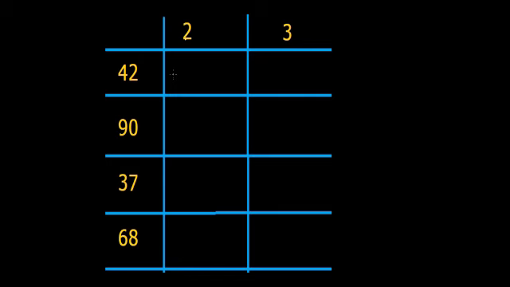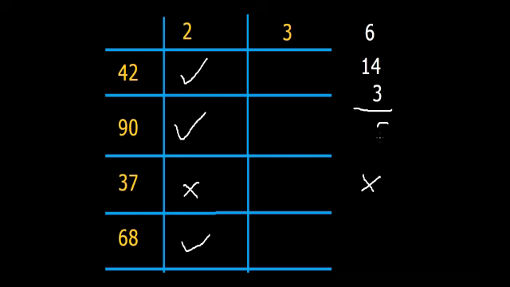Starting with 2, first off is 42, and it is divisible by 2. Same with 90. But with 37, it falls short, so 37 itself is not divisible by 6. And 68 is even, so divisible by 2. Next is 3. 42 is divisible by 3 here, and since 42 meets both requirements, it is divisible by 6.